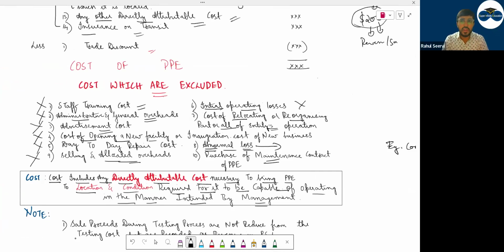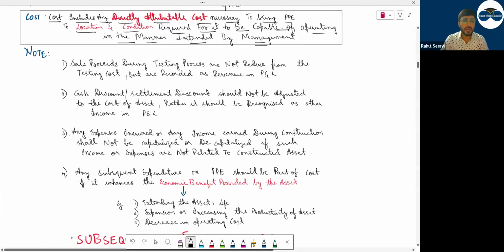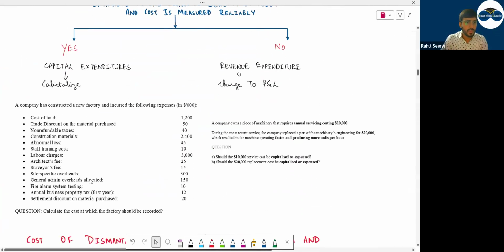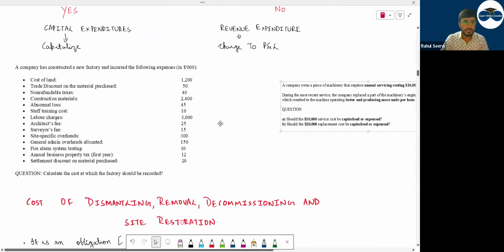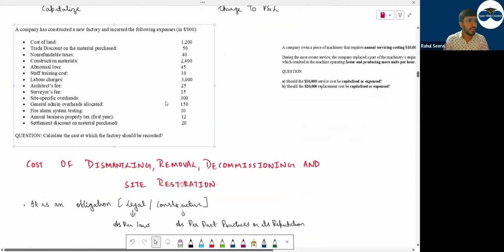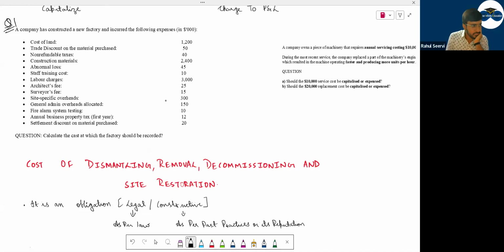Now let's do a question so that it is clear. Can you see the question? First question which you have. Question 1, write down in your book question 1 and we will solve this. Don't write the question, write down only question 1 and calculate the cost. First read the requirement. Calculate the cost at which the factory should be recorded. So initially at what value the item will be recorded.